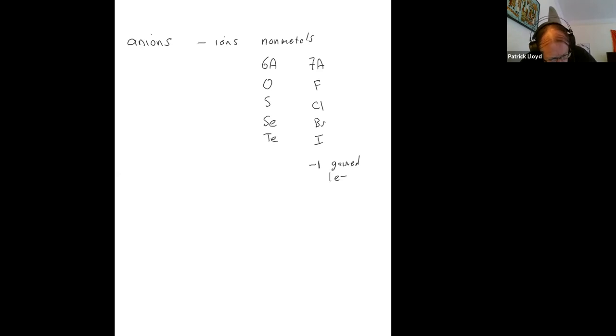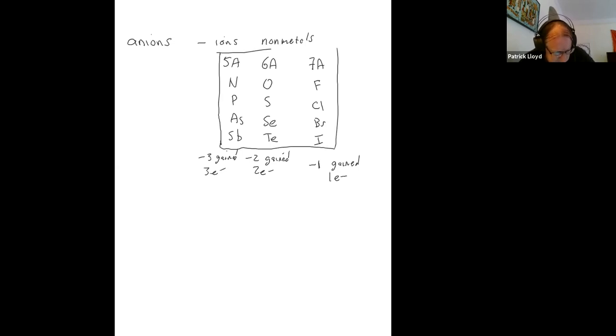These ones are -2, which means they gained 2 electrons. Group 5A, nitrogen, phosphorus, arsenic, antimony. These ones are -3. They gained 3 electrons. Those are really the 3 columns that we need to be concerned with.